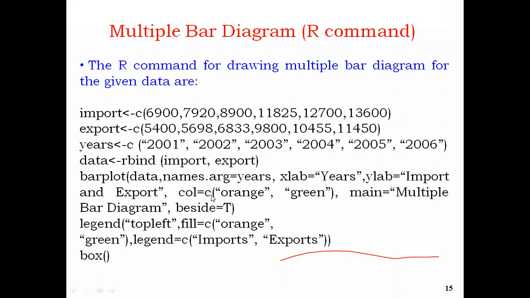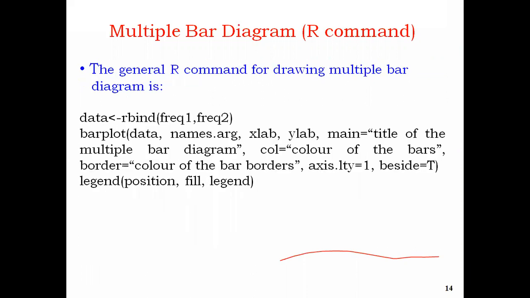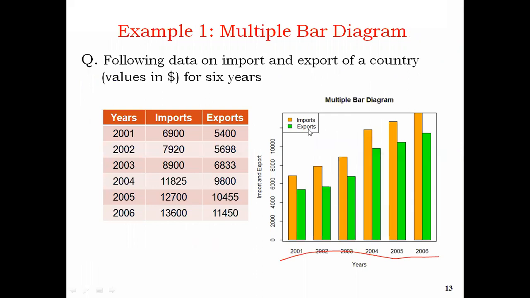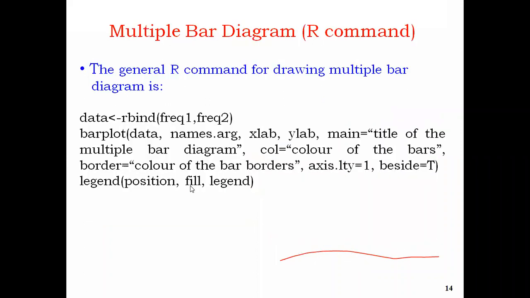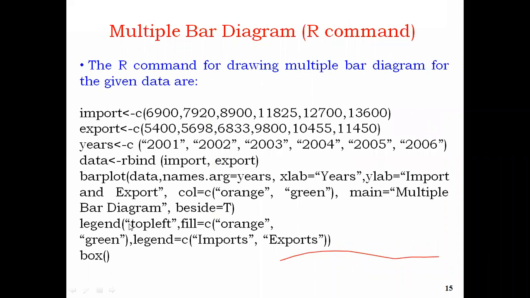Then you choose the color by yourself, and then you give the main title, your multiple bar diagram. And then the legend position, top left. If you are going to take imports and exports on the right side of the diagram, then you just type top right, okay, top right.